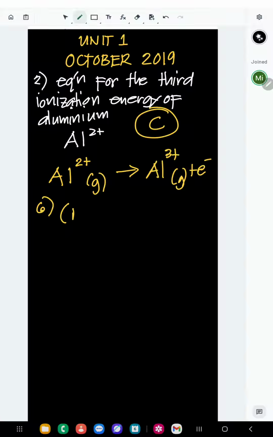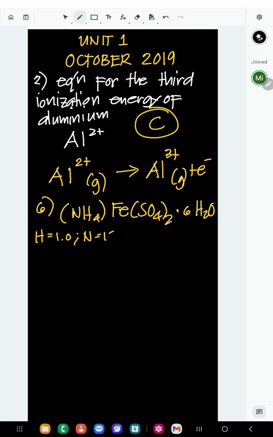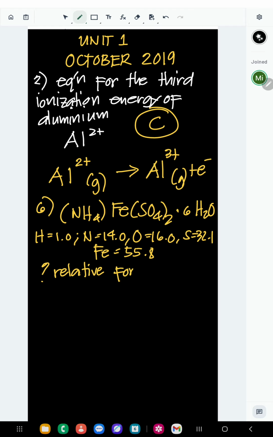So we're given here hydrated ammonium iron 2 sulfate, FeSO4, 2, and then water. So we're given the molar masses of each of the elements. Then we need to solve for the relative formula mass.